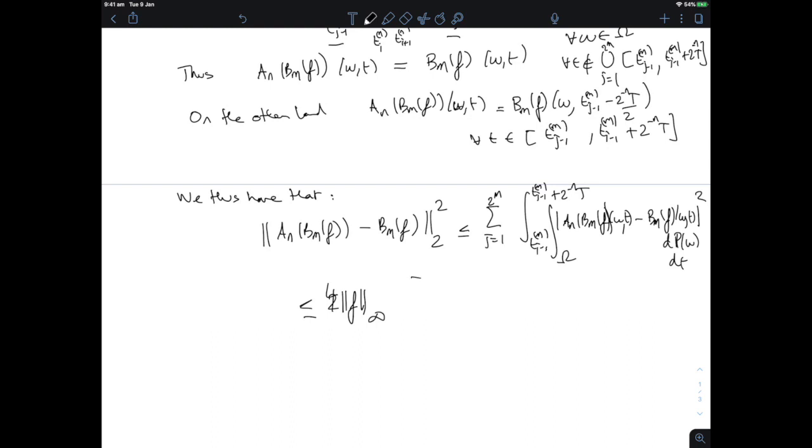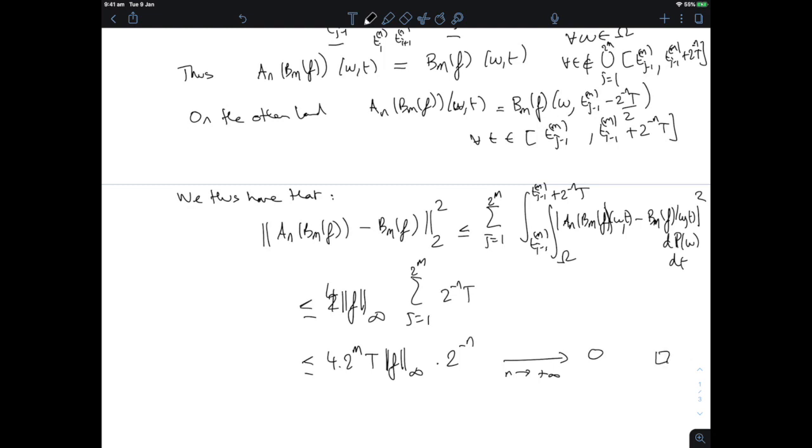Then I get the sum j equal 1 to 2^m of those integrals that just sum up to 2 to the minus n T. So this whole thing is smaller than 4 times 2^m times T times the sup norm of f squared times 2 to the minus n, and that's the whole point. Now that goes to 0 as n goes to infinity.